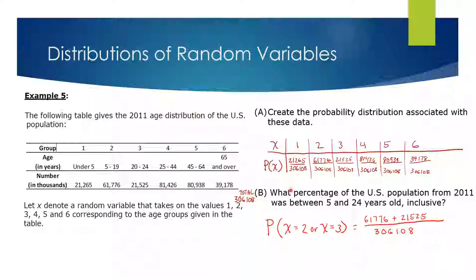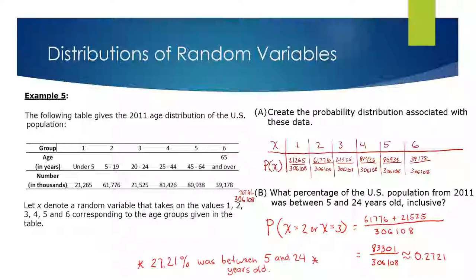That's going to be 61,776 and 21,525 added together over 306,108. If I work that out, I get about 0.2721. Translating that into a percentage, 27.21% was between 5 and 24 years old in 2011.